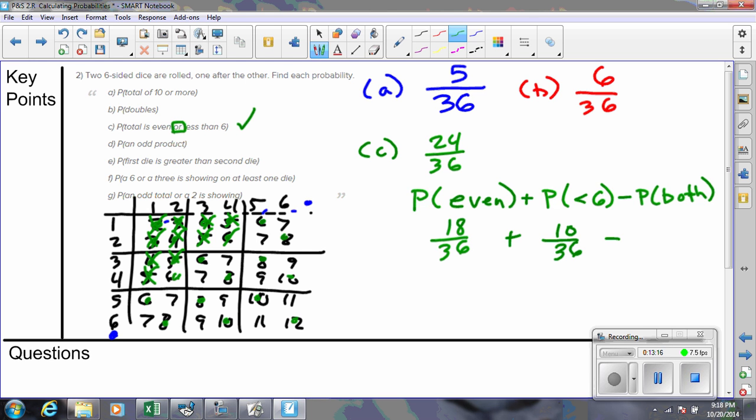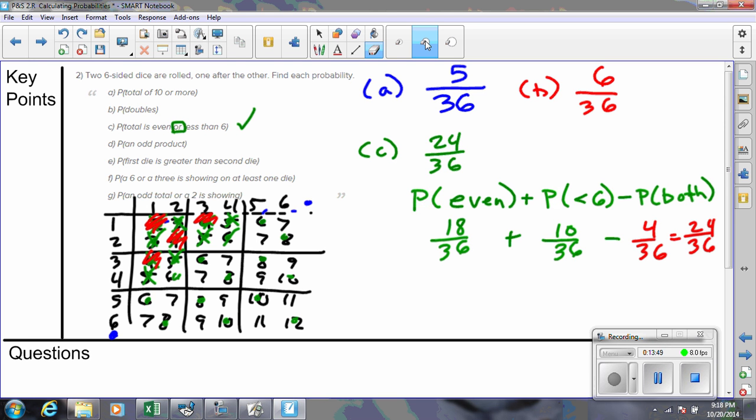But when we consider the ones that were both, I'm going to switch this one to red so we can see it a little bit better, we need even numbers that were less than 6. That's 1, 2, 3, 4. We'd subtract off 4 out of 36. So 18 plus 10 is 28. 28 minus 4 is 24. And we have an alternate way that we can do it. We actually have our choice of which ones we need.